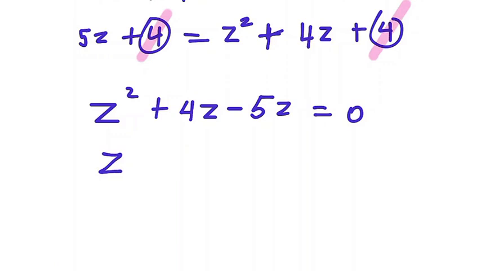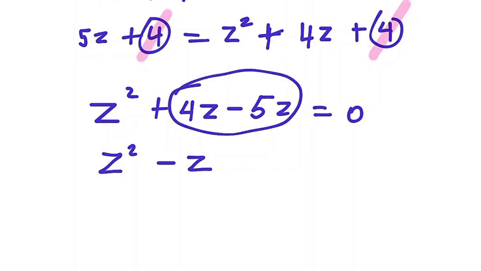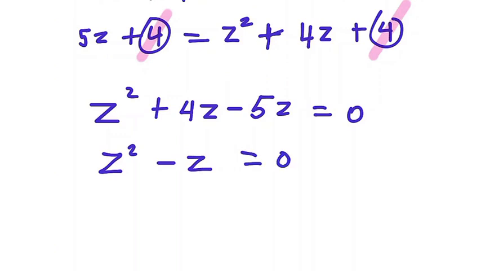So we have z squared minus z, because 4z minus 5z will give us minus z. That's what we have, equals 0.